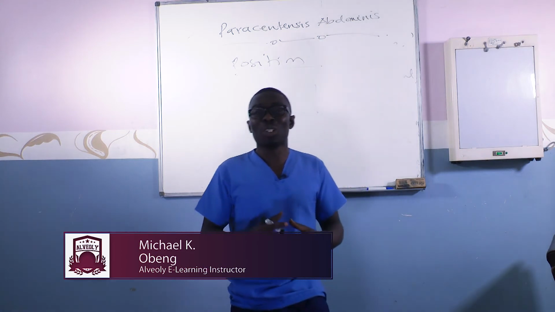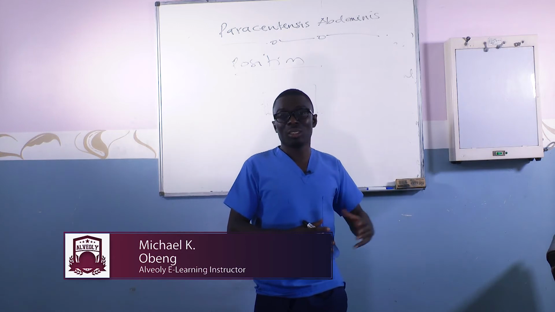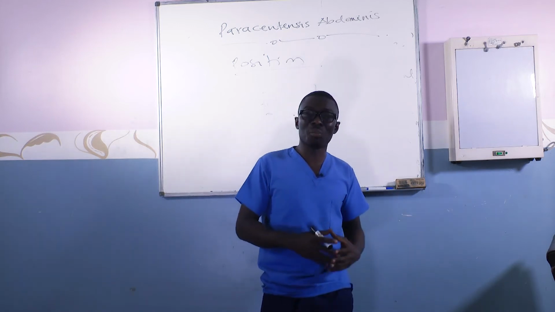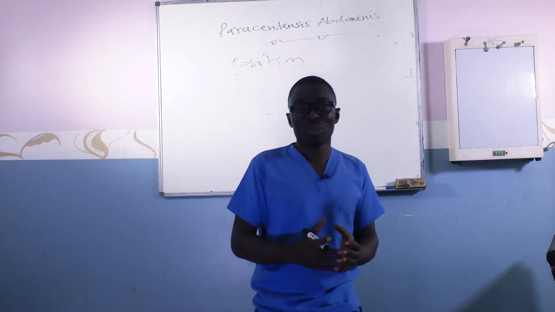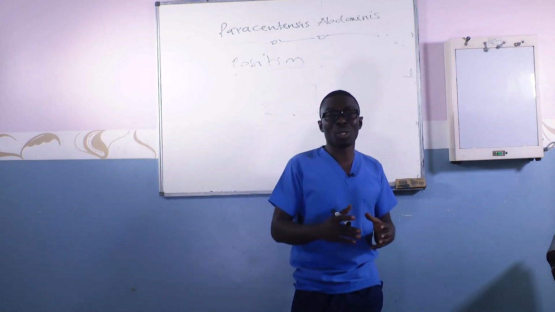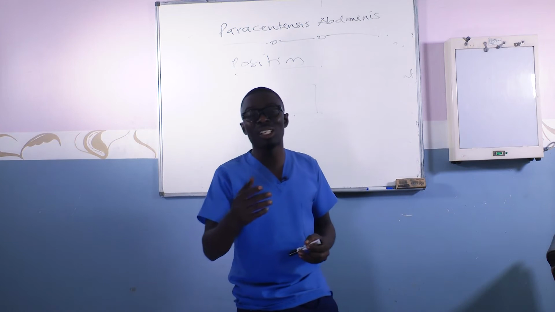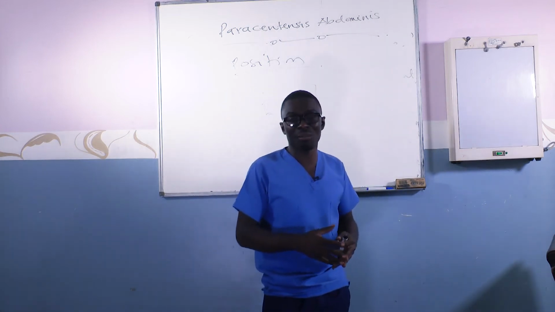Then we can recheck patient vital signs again: temperature, pulse, respiration, and blood pressure. Then we can also recheck patient weight for us to know the difference that has occurred. So basically, that is all that we have to know about paracentesis abdominis. And also, checking of patient level of consciousness is very important after the procedure has been done.